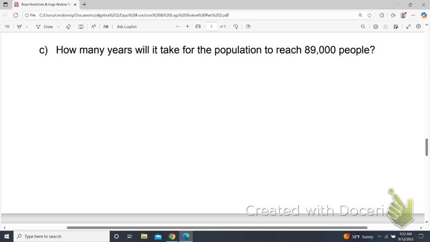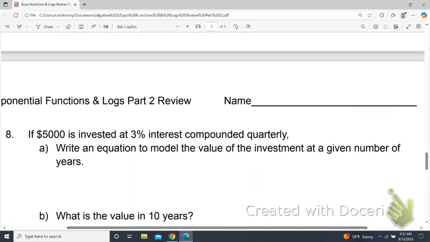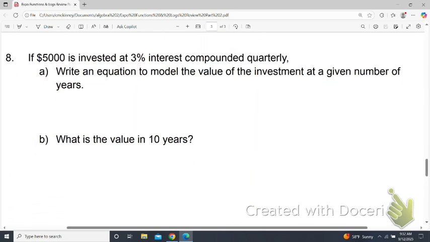Next up. Now we're talking about compound interest. And that could be for a different number of compounding periods. So in this case, this is quarterly. So quarterly is how many times a year? 4 times a year. If it was weekly, we would say 52 times.